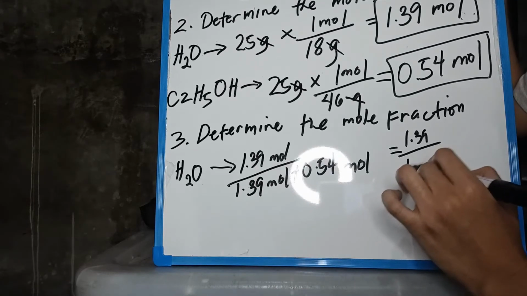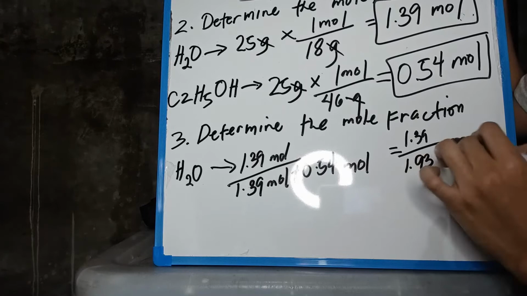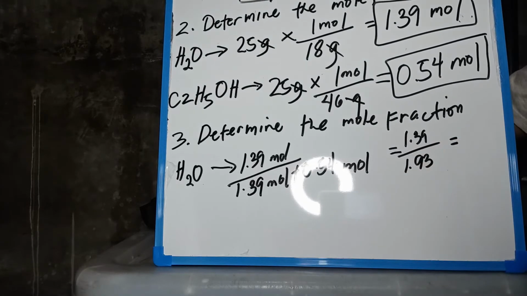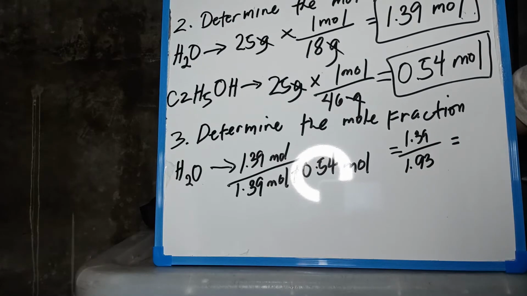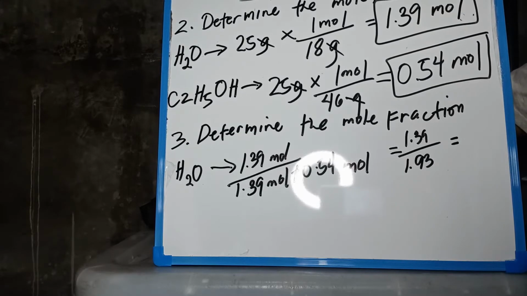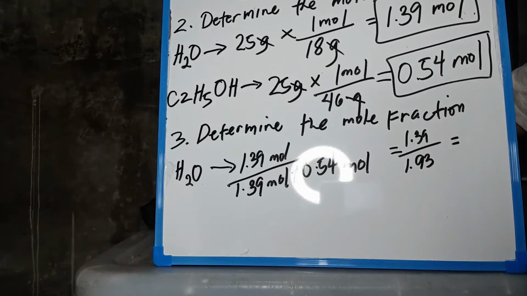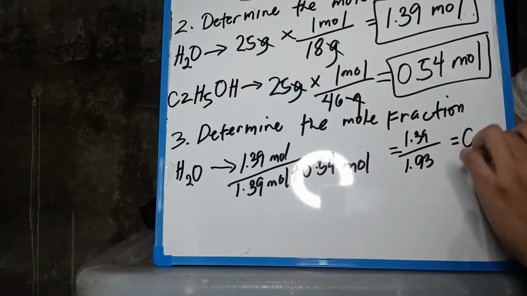So, it is equivalent to 1.93. So, we can now get the mole fraction of water. So, 1.39 divided to 1.93, it is equals to 0.72.